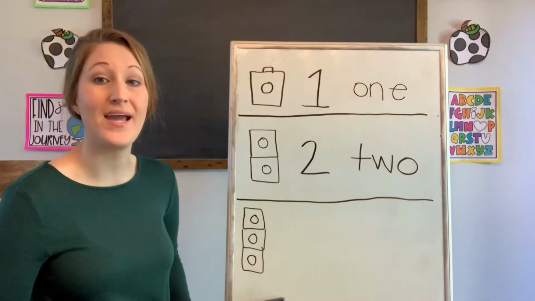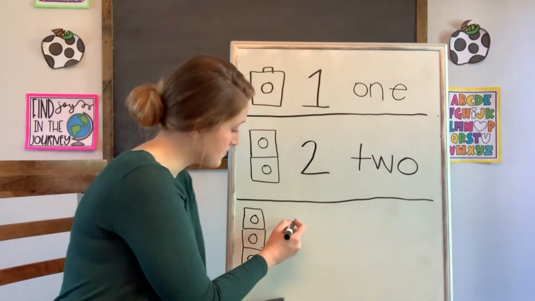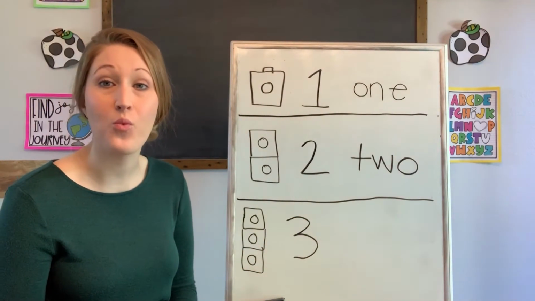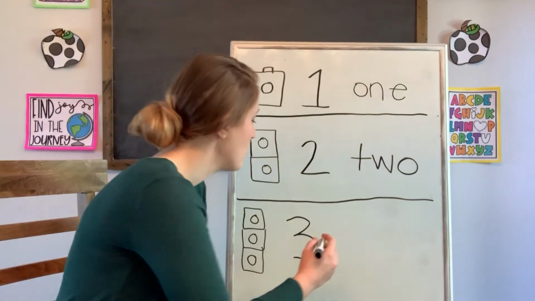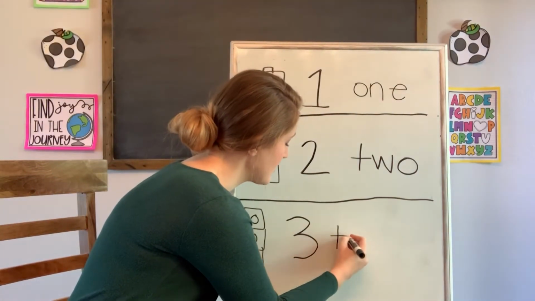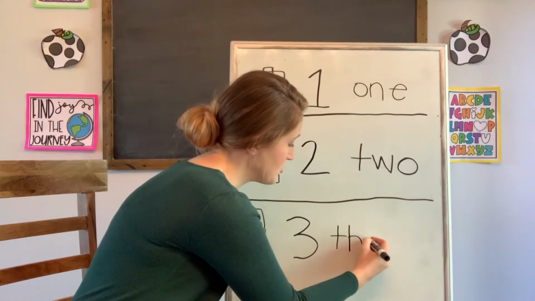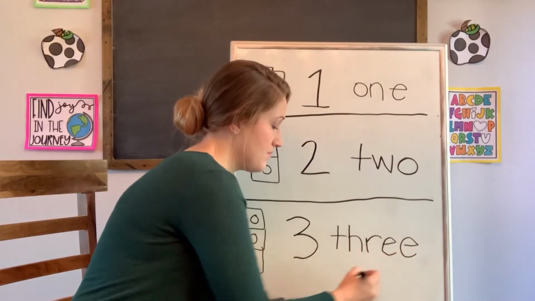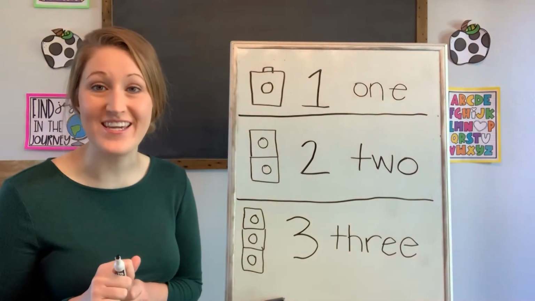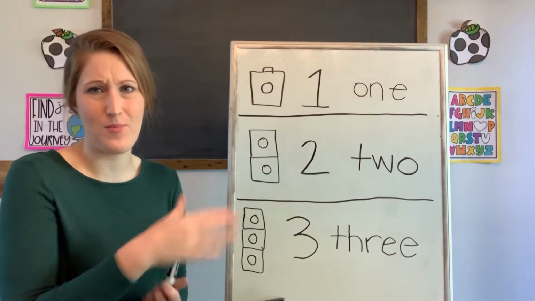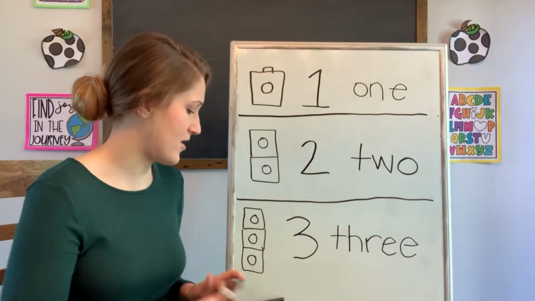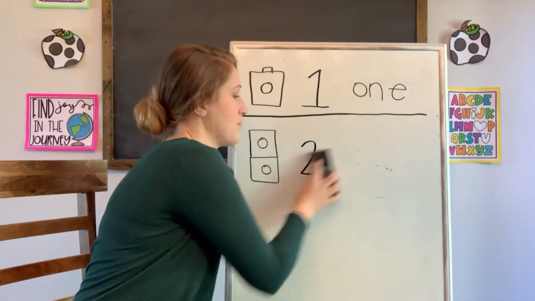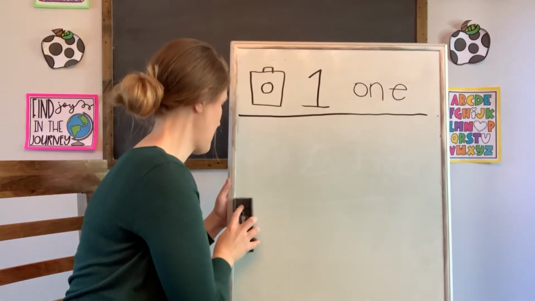Now I'm going to write my number 3. And then I'm going to write the word 3. 3 is T-H-R-E-E. 3. Very good. Give yourself a pat on the back. Awesome. All right. You ready to get a little bit tougher with some bigger numbers? All right.